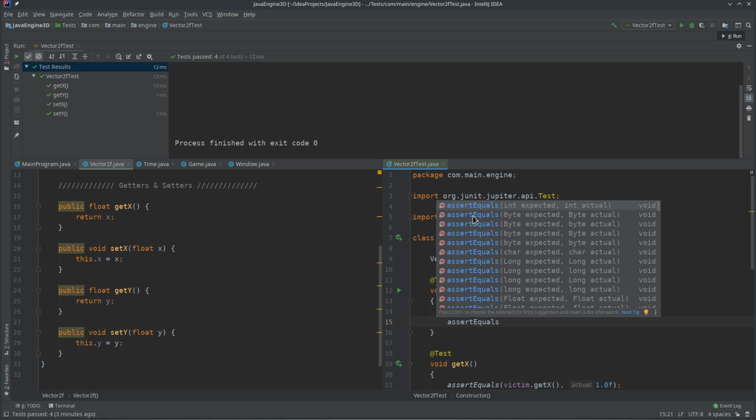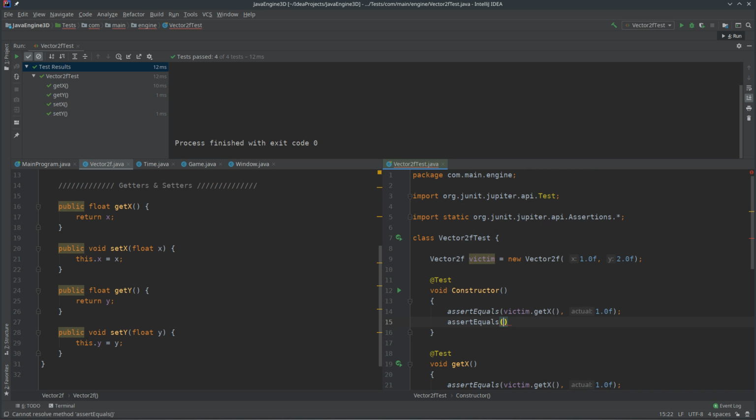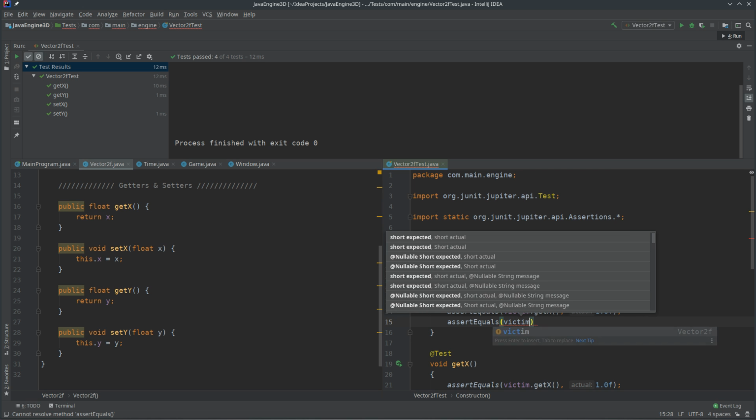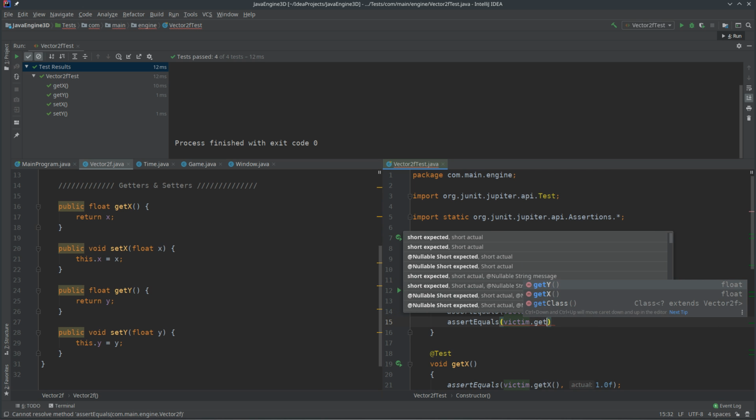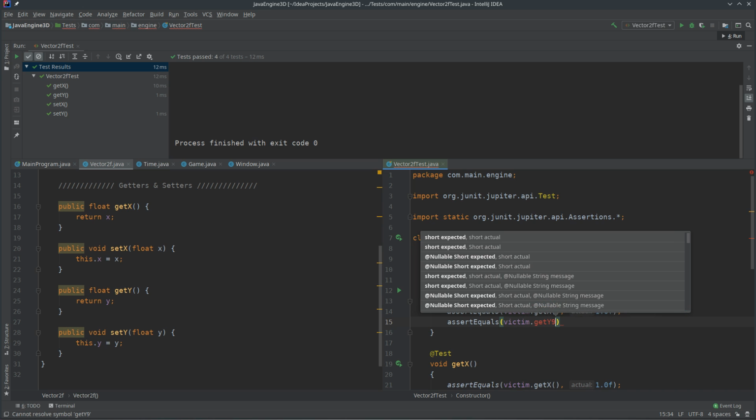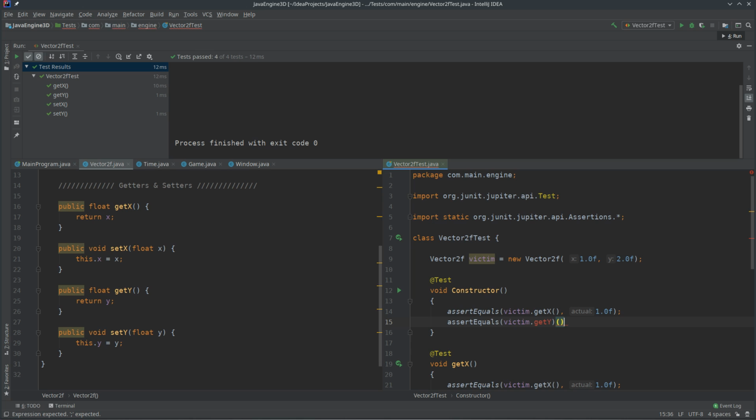Now you're not supposed to do it this way around, you're supposed to do your tests first and then you code, but anyhow, that's just the way it's worked out today. Victim dot get y, comma 2.0f. There we go.